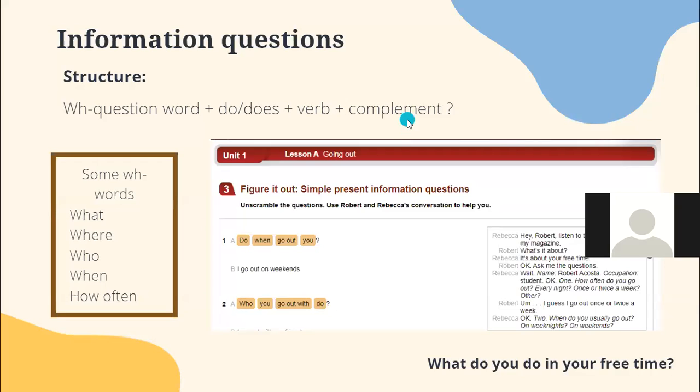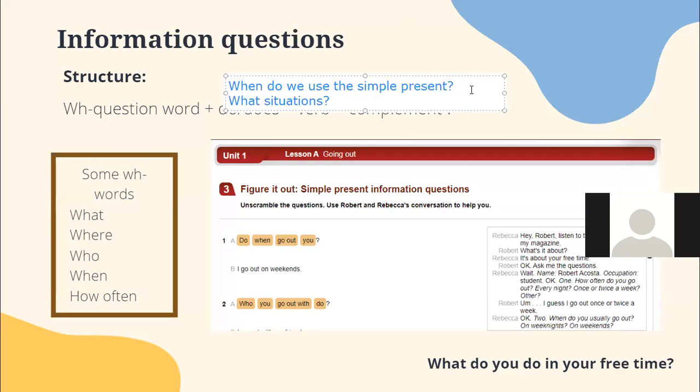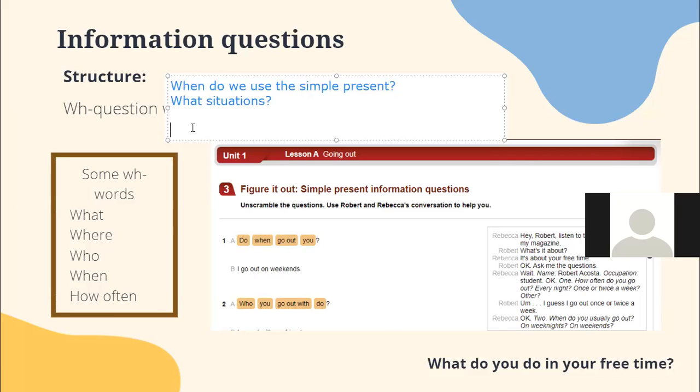Guys, when do we use the simple present? In what situations? Do you remember? Routines. Very good. What else?